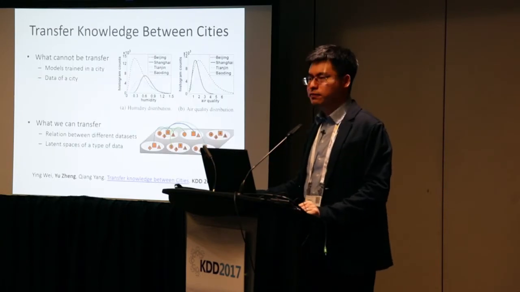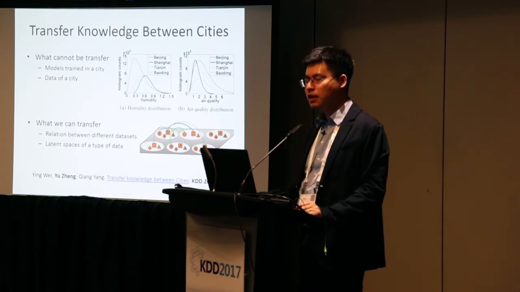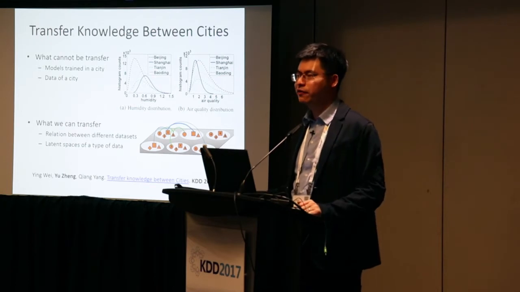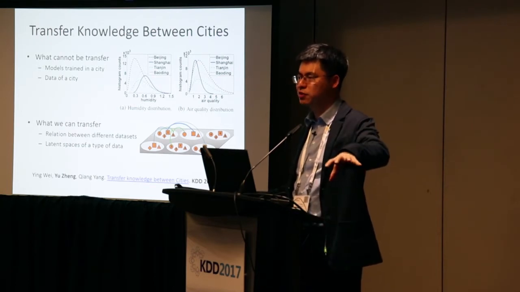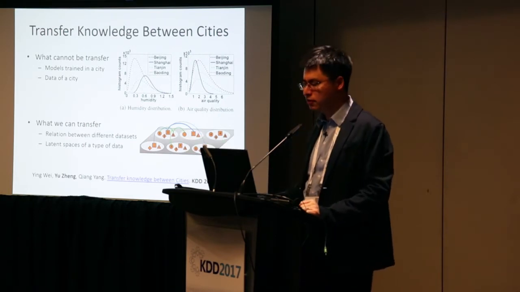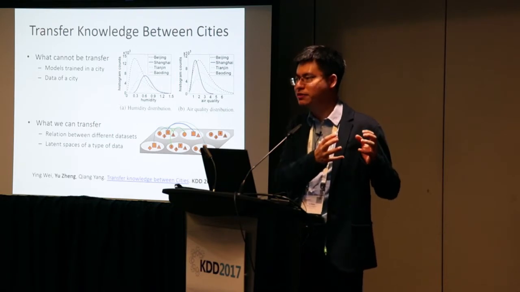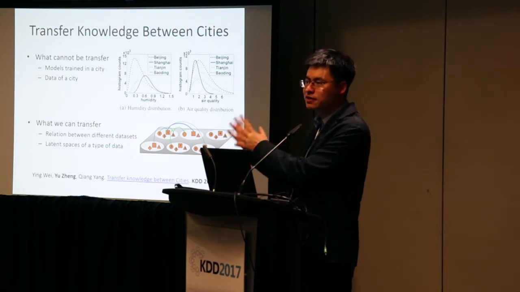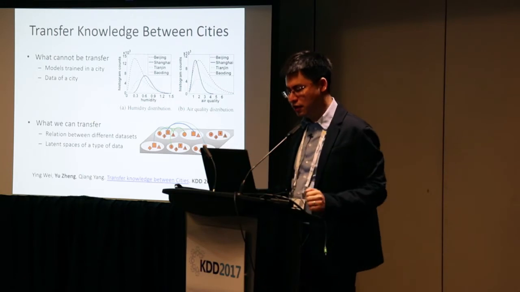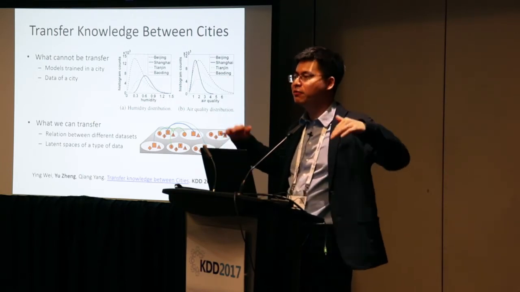How can we transfer? What can we transfer, and what can we not transfer? Apparently, we cannot directly transfer the model we train based on data from the source city to a target city. For example, the air quality model. We can train the model in Beijing, but we cannot use the Beijing model to predict the air quality of another city, for example Wuhan, because the air quality distributions of the two cities may be very different.